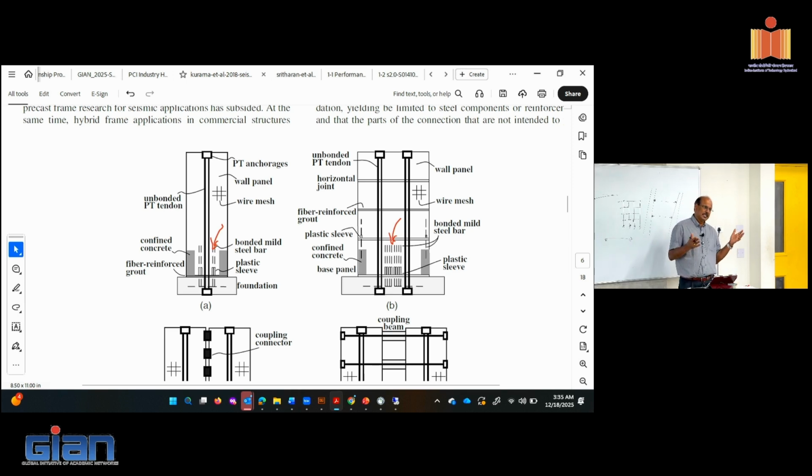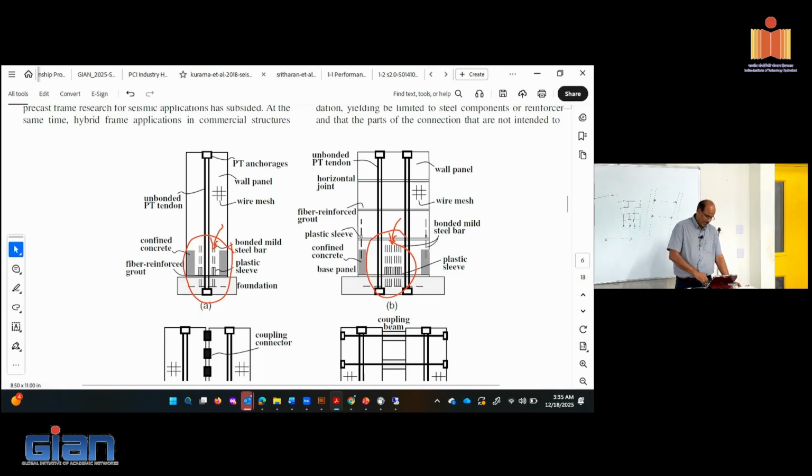So if you want the system to be usable for the next earthquake, you probably must replace the rebar. And replacing the rebar either in a hybrid connection or system like this is not going to be easy. So even though it has a lot of features, people didn't really take advantage.